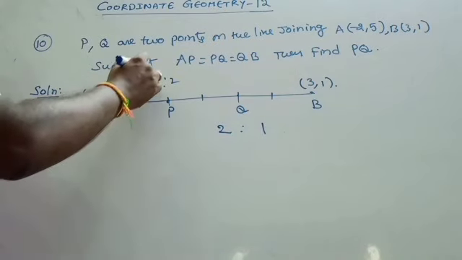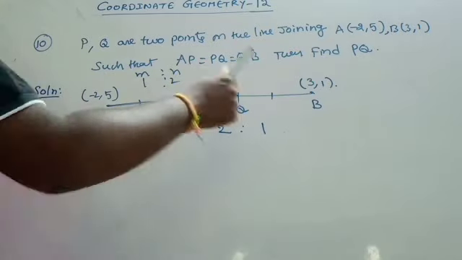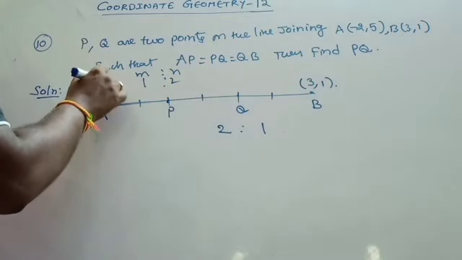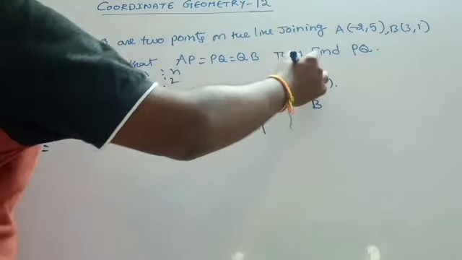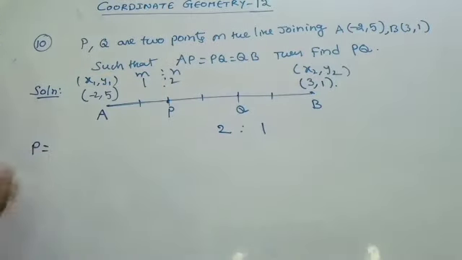For this, taking the ratio as m:n, A is (x1, y1) and B is (x2, y2). You know x1, y1, x2, y2, and the ratio is given, so P you can find nicely from this.